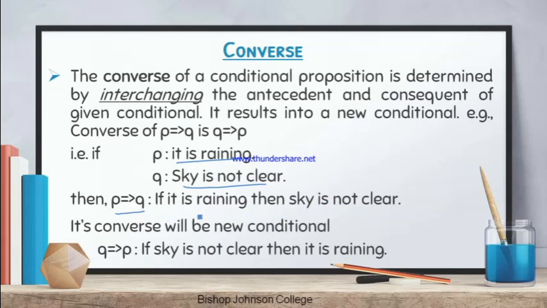So it is P implies Q. The converse form just interchanges antecedent and consequent. Now it's Q implies P, and the statement changes: if the sky is not clear, then it is raining. So in converse, just interchange antecedent and consequent.